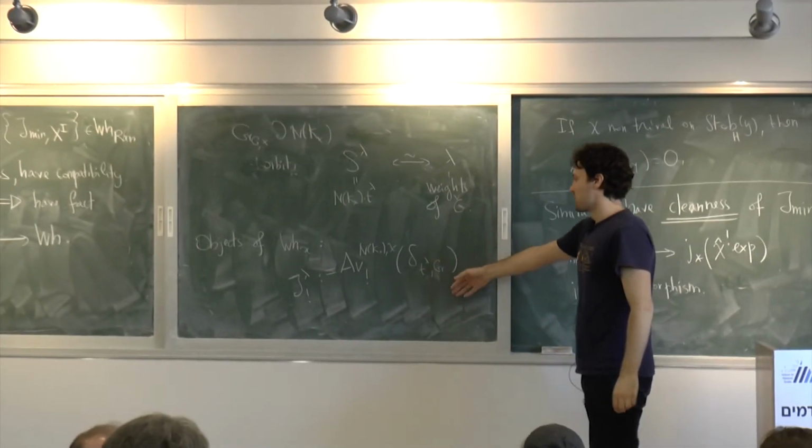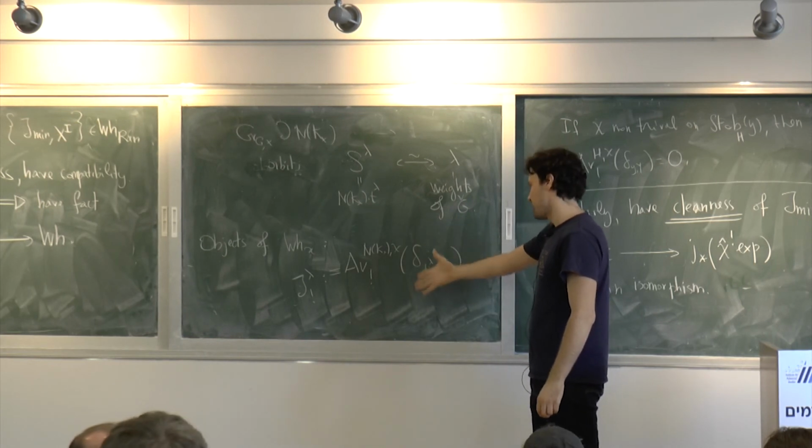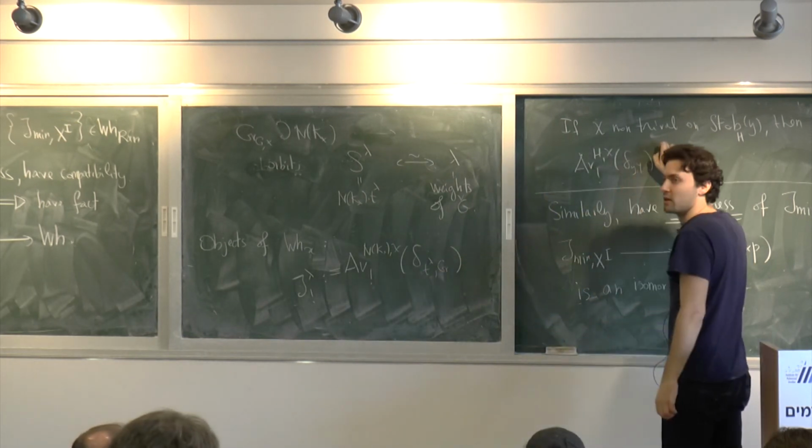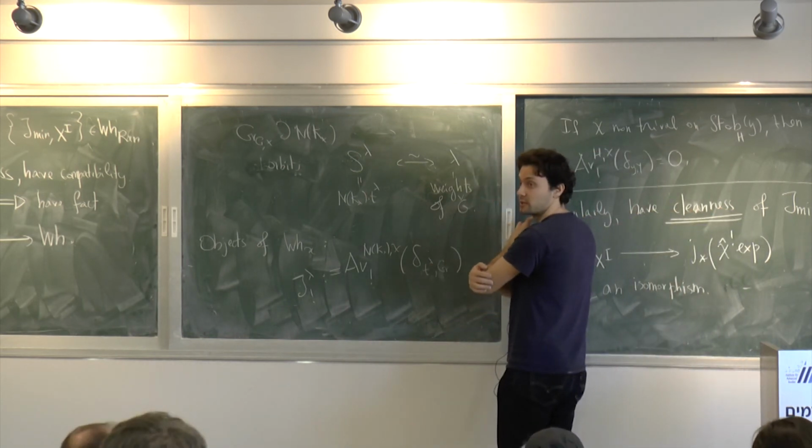However, that's for all weights of G check. However, some of them will be 0 thanks to this. And those that will be 0 are exactly when lambda is non-dominant.